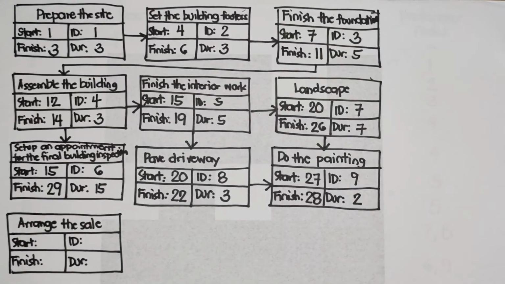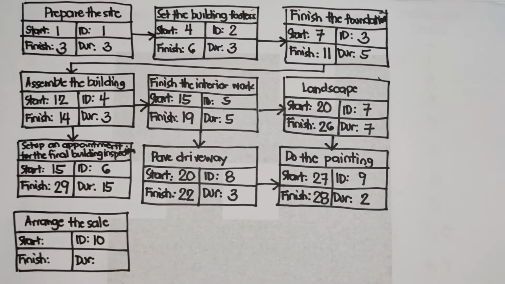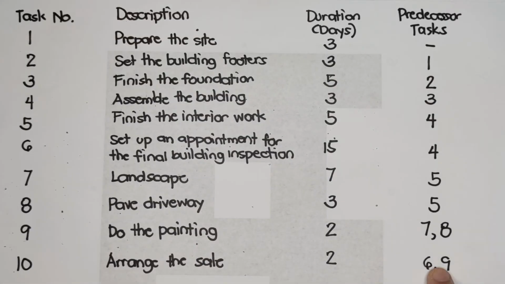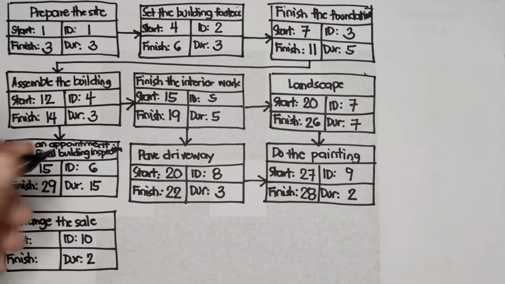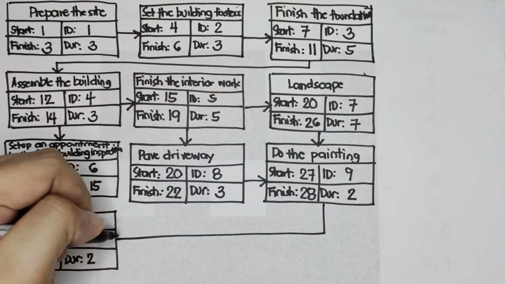The ID is 10. The duration is 2. Again, its predecessor tasks are 6 and 9, an arrow coming from 6 and an arrow coming from 9.